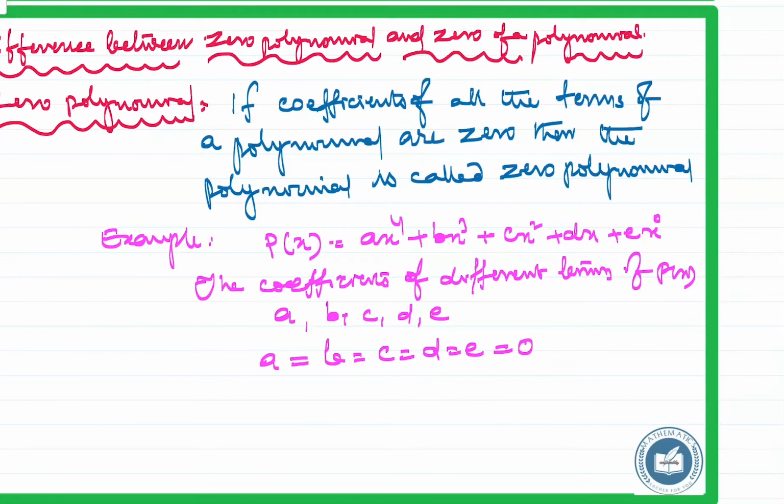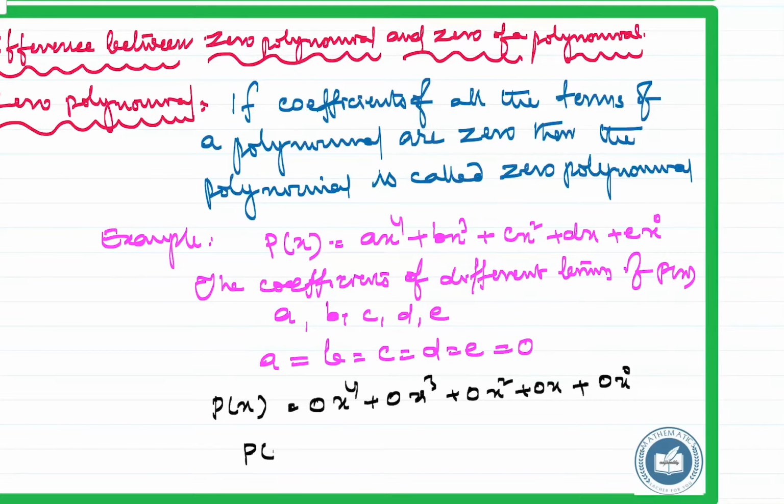Then p of x becomes 0x to the power of 4, 0x cube, 0x square, 0x plus 0x to the power of 0. So finally you can write p of x is equal to 0. So this is the meaning of zero polynomial.